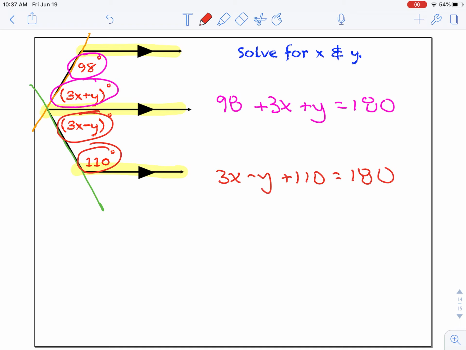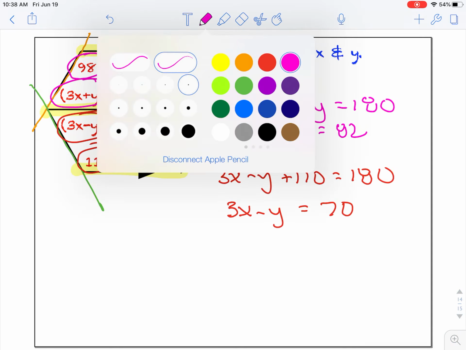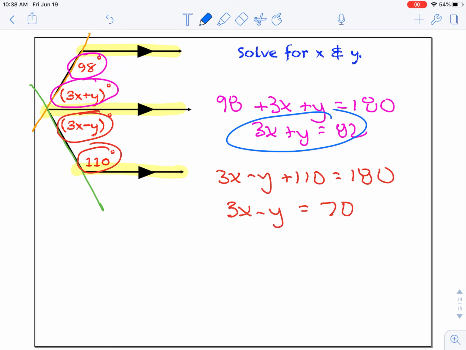Now, because these are all in the same problem, we actually are going to have to use a system of equations to solve. So I'm going to subtract 110 from each side, and that's going to give me 3x minus y equals 70. And I'm going to subtract 98 from 180 on the top problem, and that is going to give me on this top equation 3x plus y equals 82.